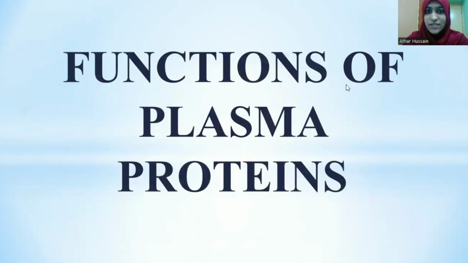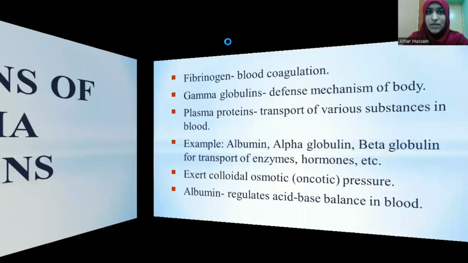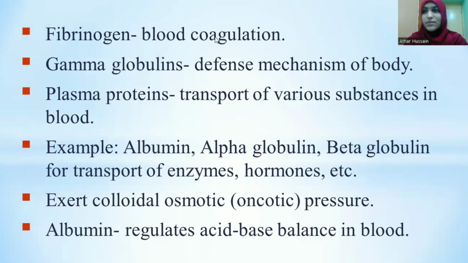Coming to the functions of plasma proteins. Fibrinogen is responsible for blood coagulation. Gamma globulins are helpful for defense mechanism of our body. Plasma proteins, they transport various substances in our blood. Example, albumin, alpha globulin, beta globulin for transport of enzymes and hormones, etc. Exert colloidal osmotic, that is oncotic pressure.